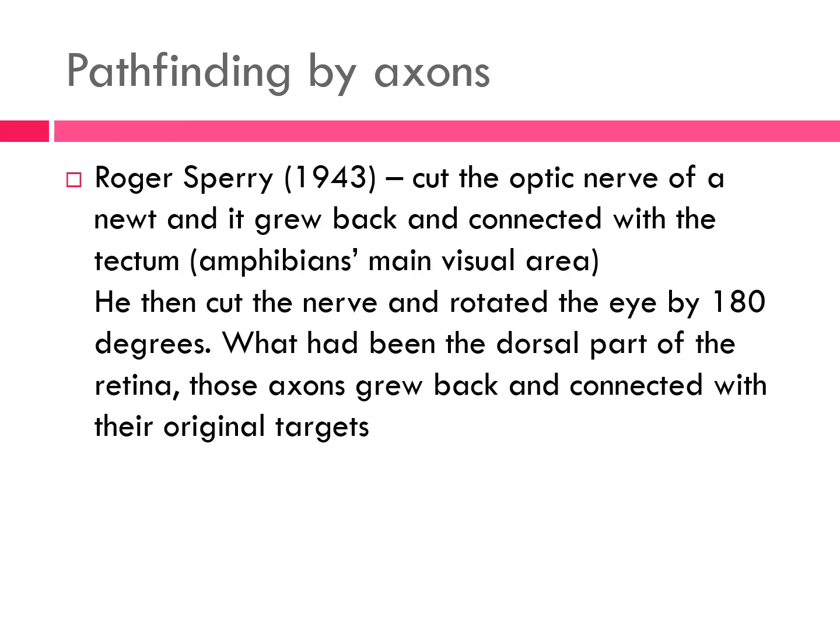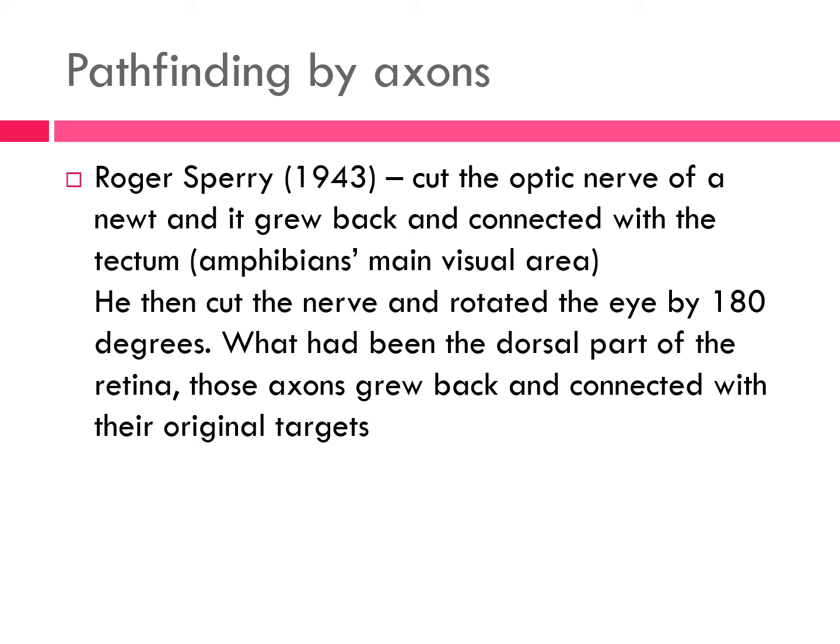So in 1943, Roger Sperry published research where he had cut the optic nerve of a newt, so the nerve that's going back from the eye to the brain. And it grew back and connected with the tectum appropriately. And if you remember from before, the tectum is where our superior colliculus is, which is controlling our eye movements, taking in a lot of information so that we can move our eyes appropriately.